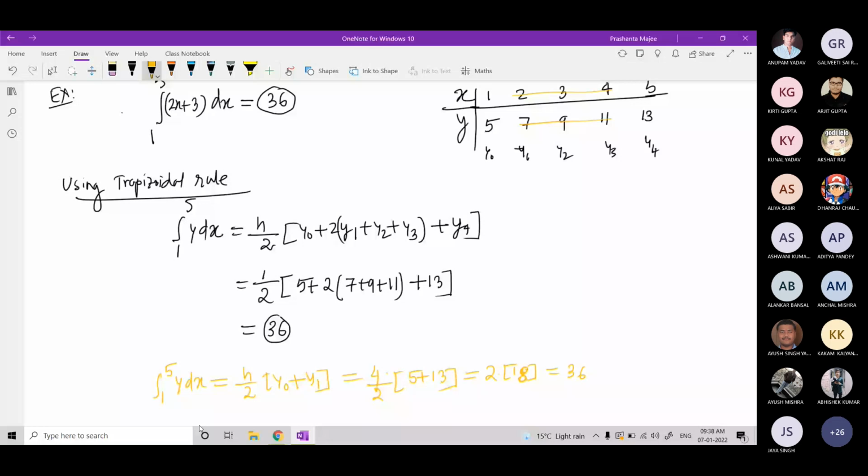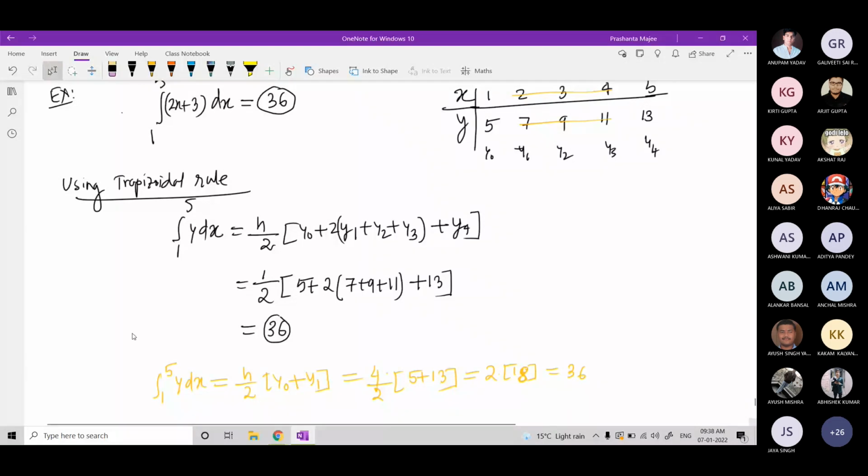Yes, sir. So that information is hidden in the data points. Since you have considered 2 data points, the line will be unique, and that will be the same line, y equals 2x plus 3. That is why you are getting the exact answer.